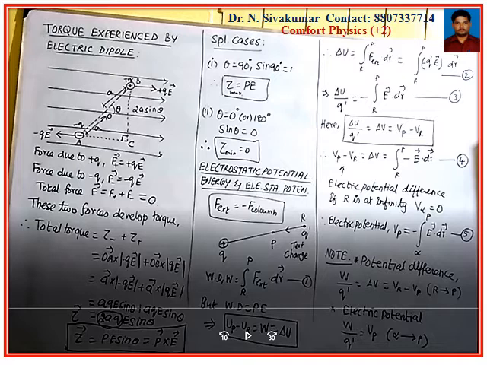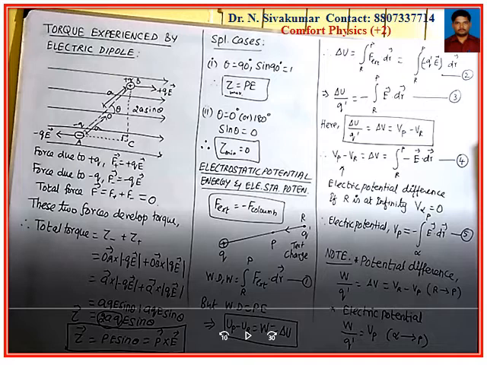So Vp minus Vr represents the electric potential difference. If R is at infinity, then V infinity is equal to 0. Don't get confused: Vp minus Vr is called the electric potential difference, but if you consider the point R at infinity, the voltage at infinity is equal to 0.